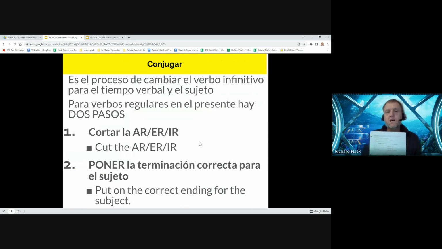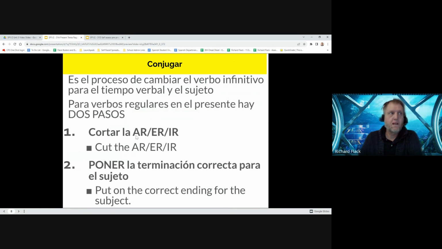You also need to understand and know what are the two steps. So there are two steps to conjugate los verbos regulares en el presente. So regular verbs in the present tense. We are going to cut off the AR, the ER, or the IR from the verb. All verbs end in one of these three. AR is the biggest group of verbs.